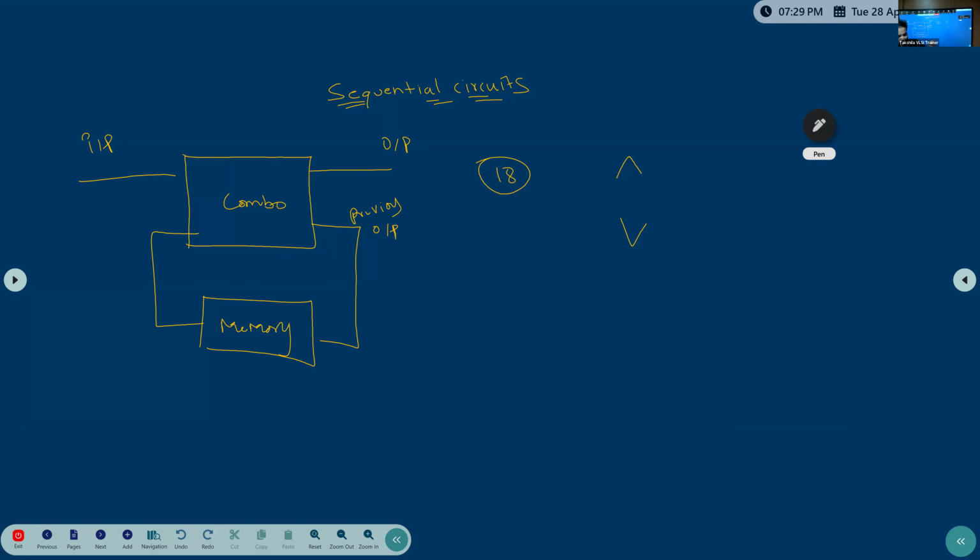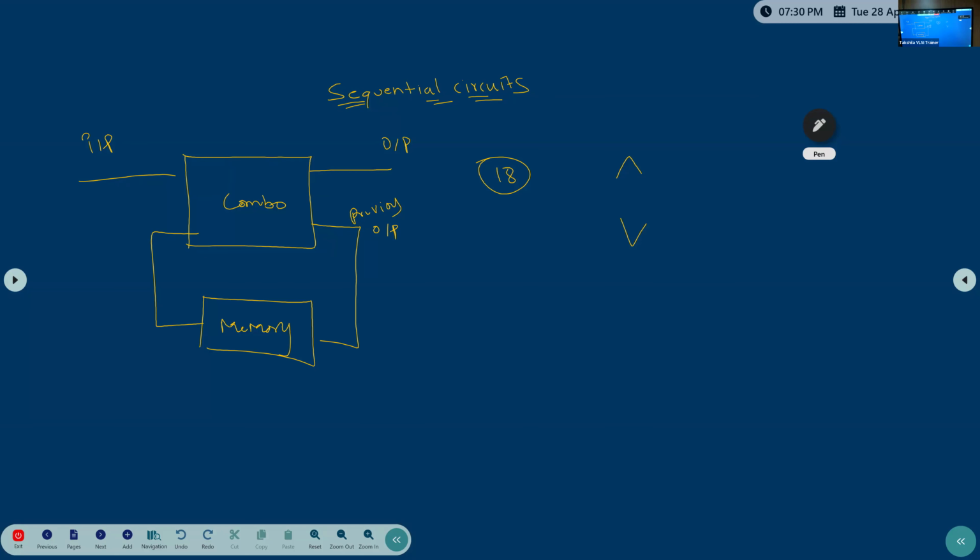If you press the down arrow, from 18 it will decrease. Yes or no? So what does that mean? 18 is the previous output, which is stored in the memory. Now if I press forward, it will become 19, 20, 21. If I go backward, it will be reduced. Getting it? So that is a sequential circuit.